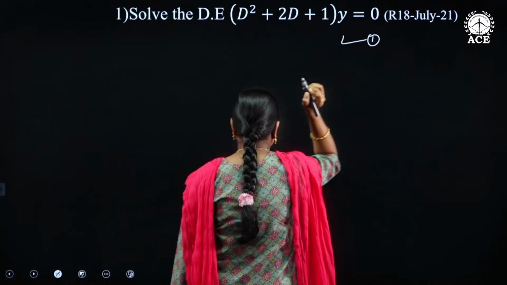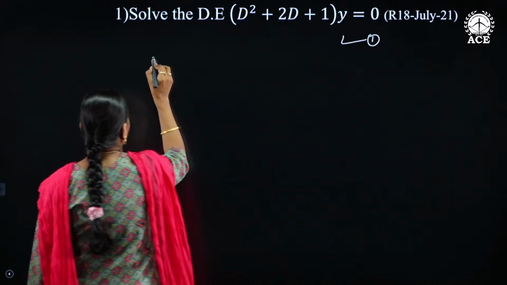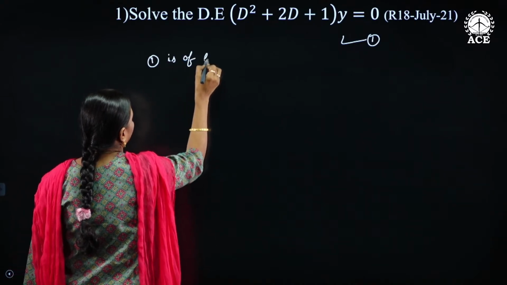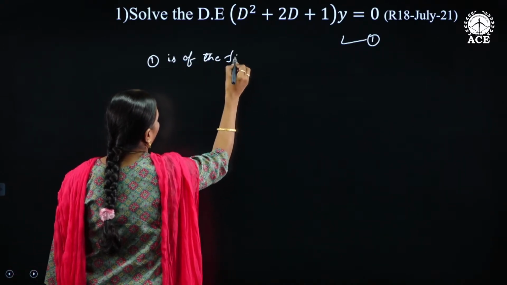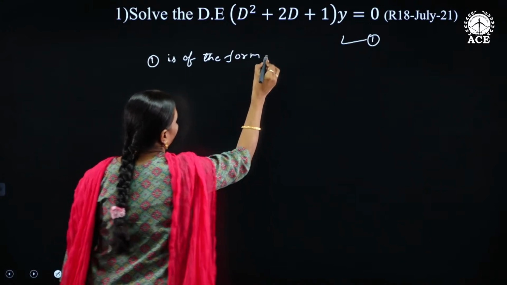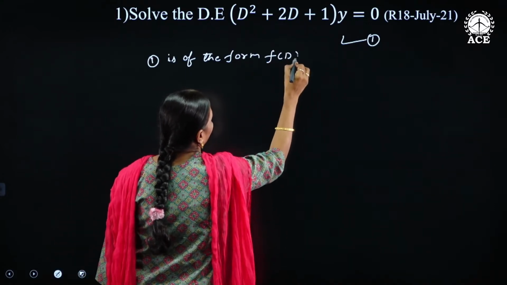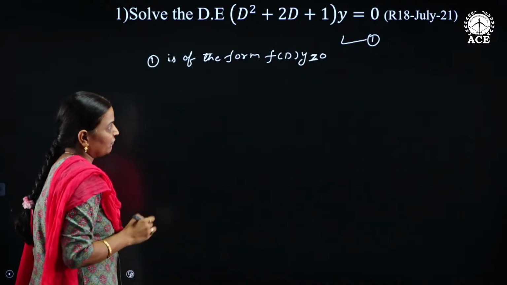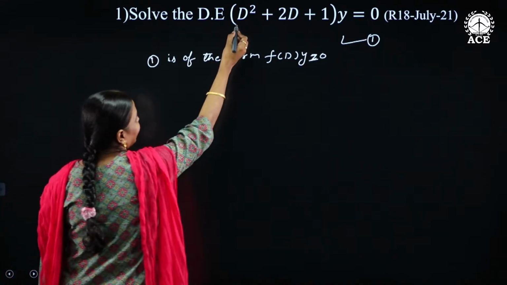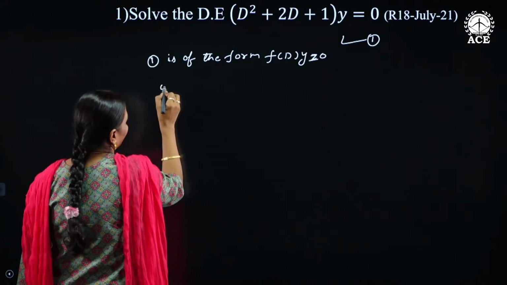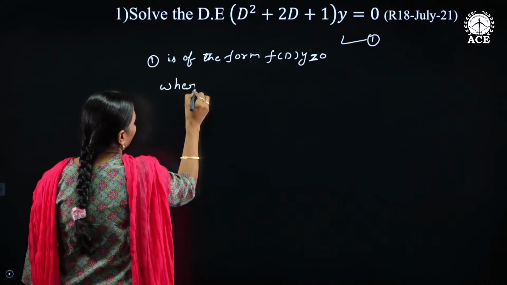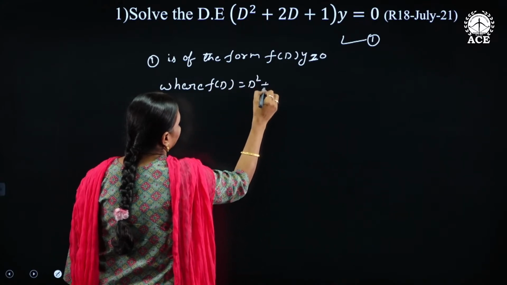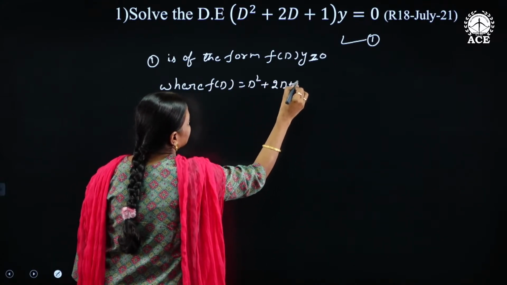Equation 1 is of the form f of d into y is equal to 0, so it is a homogeneous linear differential equation. If we compare equation 1 with the standard form, f of d is equal to d square plus 2d plus 1.